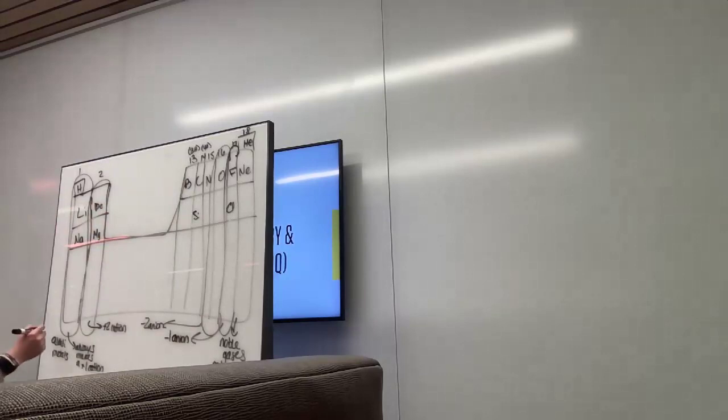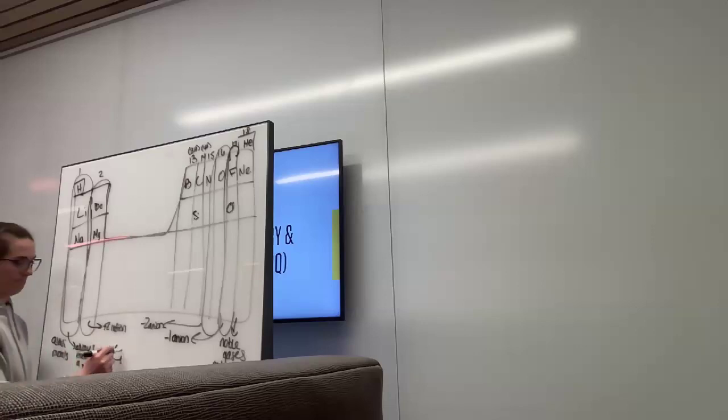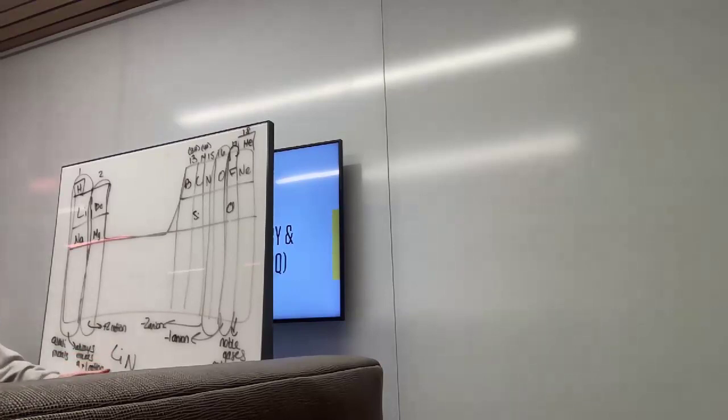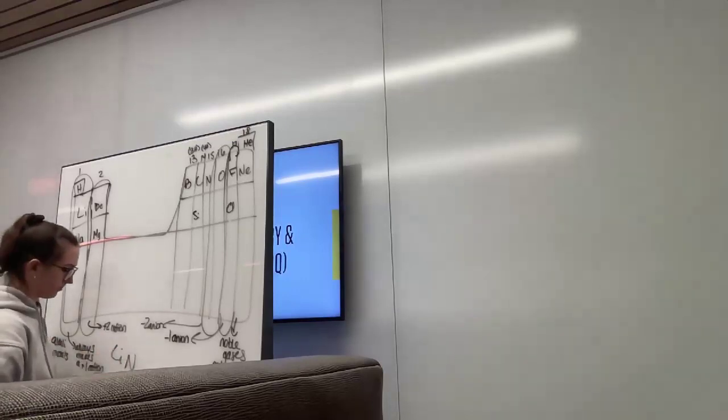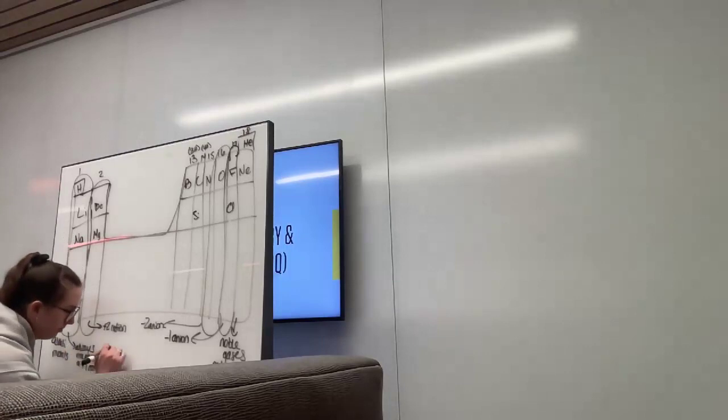If we want to say how many lithium atoms we need in lithium nitride, what charge is nitrogen going to have? If we're looking at the table, nitrogen will always have -3.